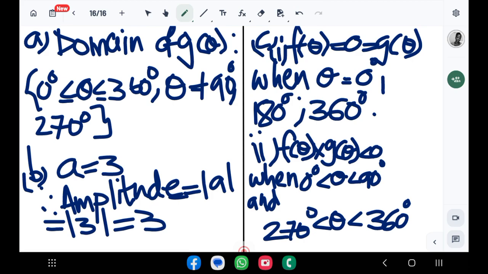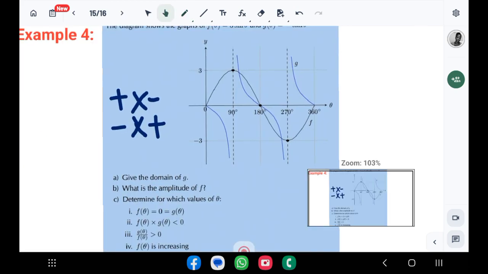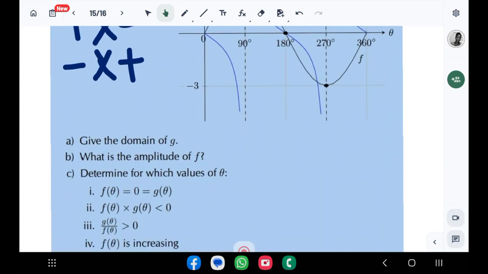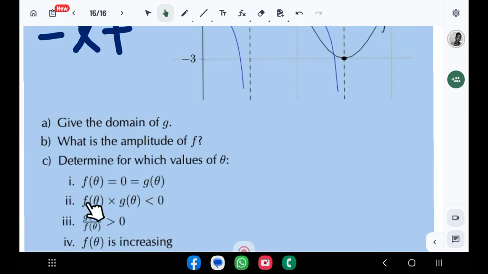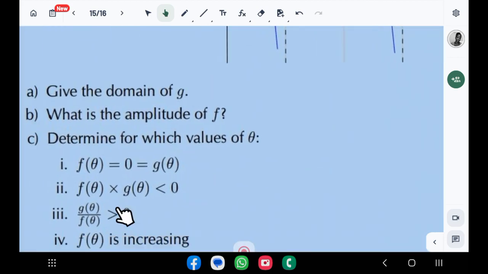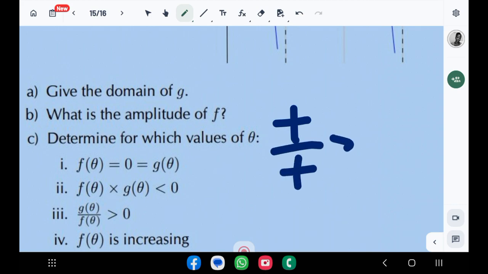All right, now number 3. Number 3 goes, where is the ratio of the two positive, greater than 0? g of theta divided by f of theta will be positive if they are both positive or they are both negative.